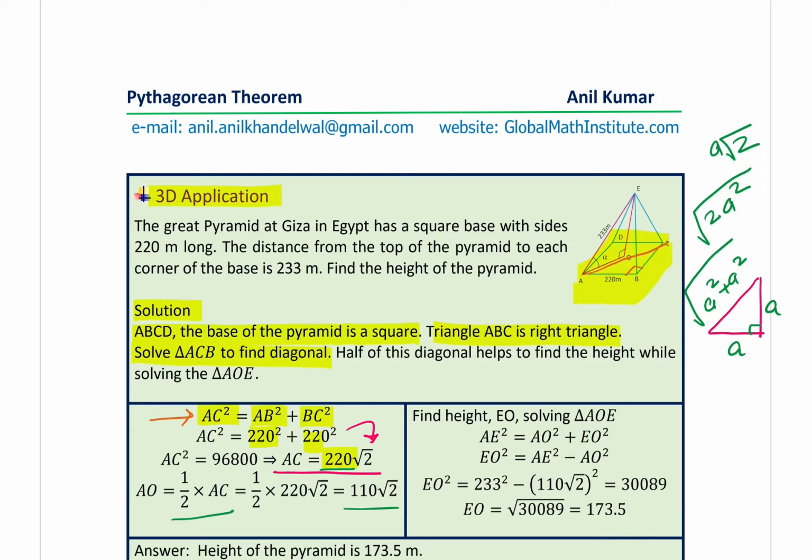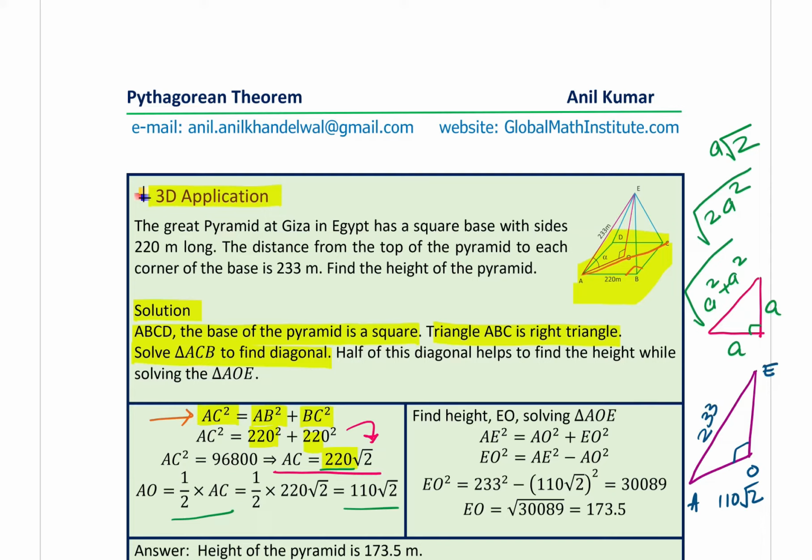Now, once we know the diagonal, we are interested in the height. So basically, we want to now find this particular height, correct? Our figure is kind of like this. Let me redraw this particular figure with A, and this is the center. We're calling this O, and this is E, right? So we found that this is the height, that is at right angles. This particular side here is 110 square root 2, and the other side is given to us as 233.